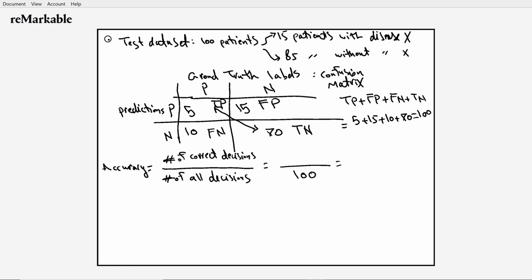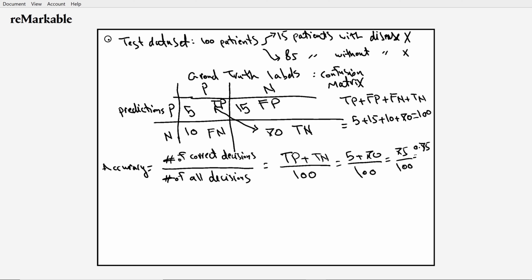We have 5 true positives and 70 true negatives, so in total we have 75 good decisions out of 100. And so our accuracy is 0.75.